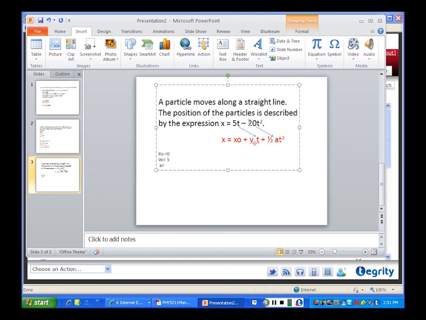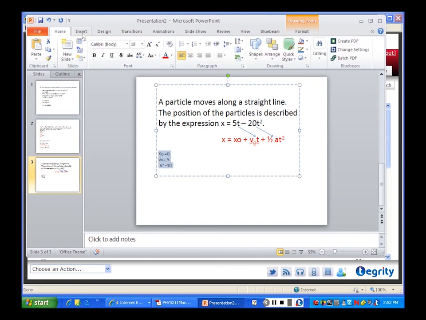Well, if minus 20 is 1/2 of a, then a is minus 40, right? So we've immediately identified by correspondence with this generic equation, the specific equation gives us this particular information here. Okay.